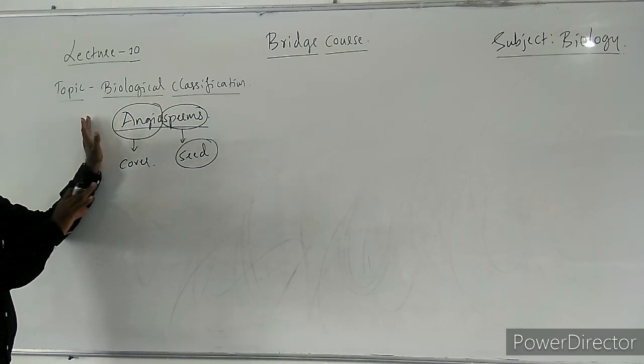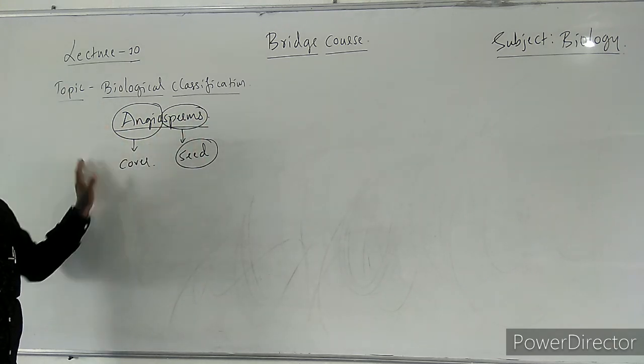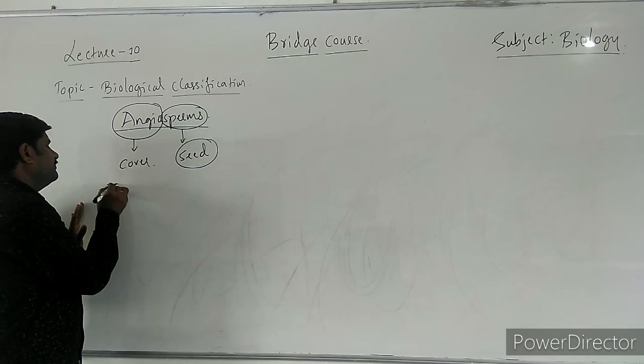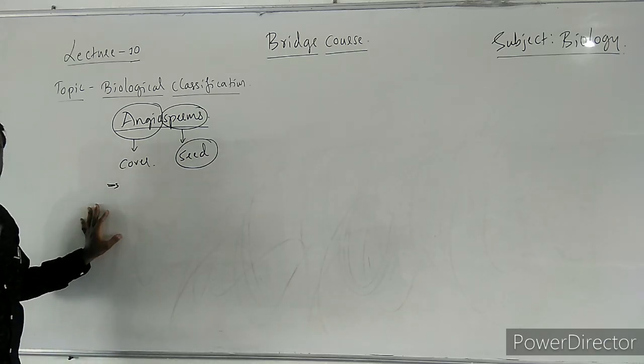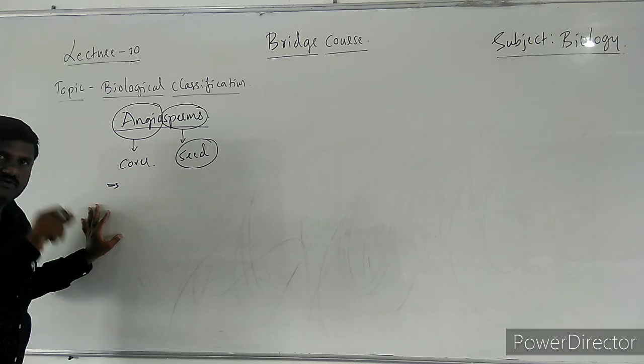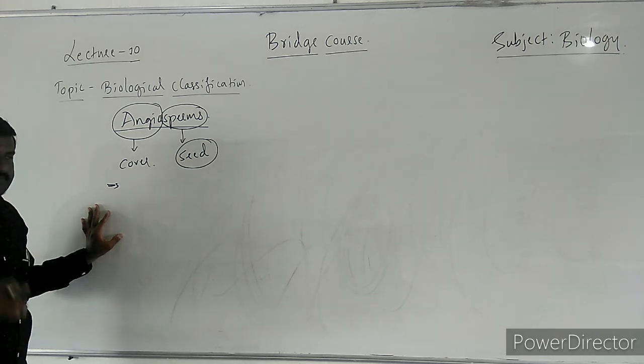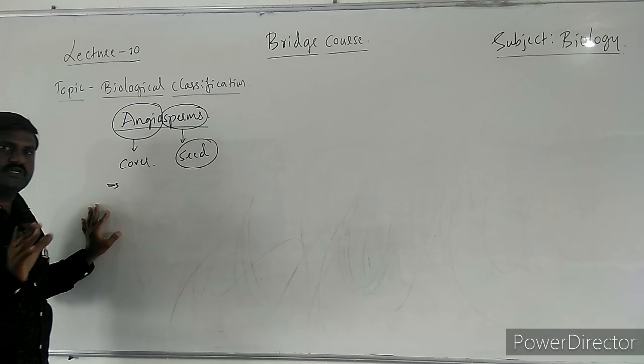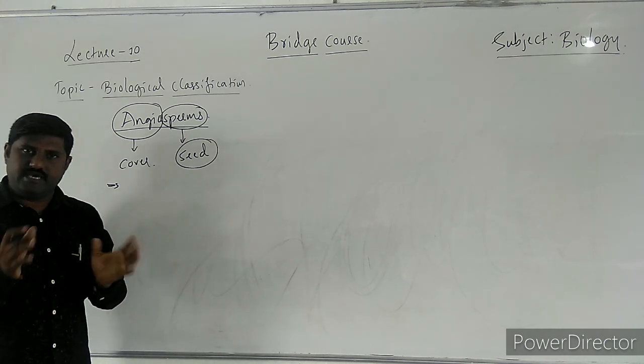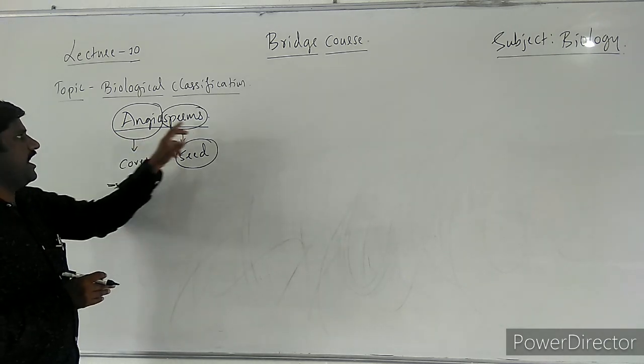The plants that you see around you, all are angiosperms, right? These plants are fruiting plants, means they bear fruits. Inside the fruits, what are seen? Seeds are seen.